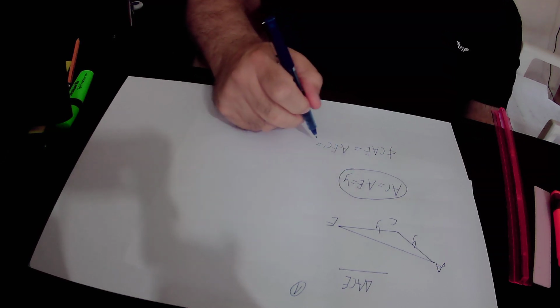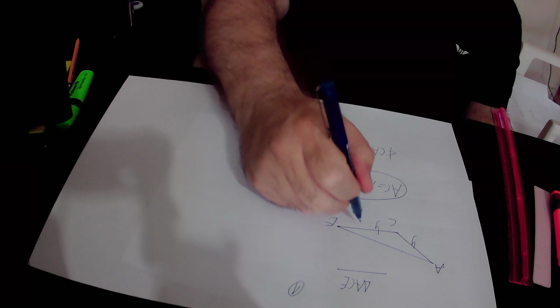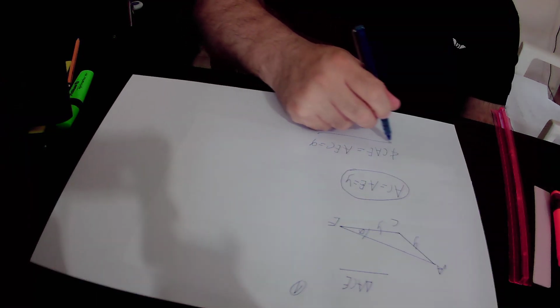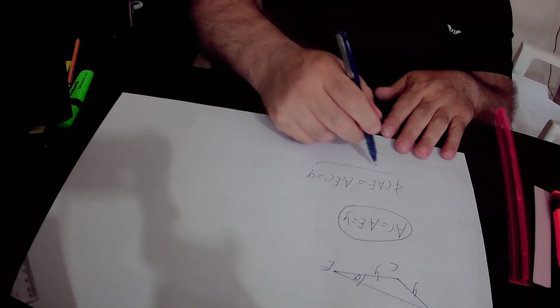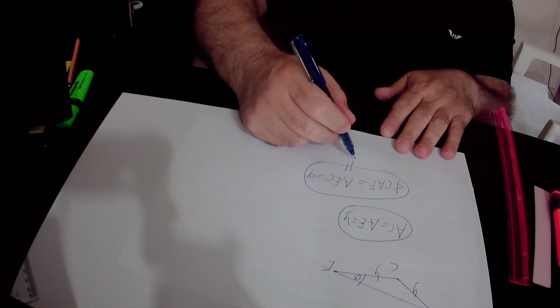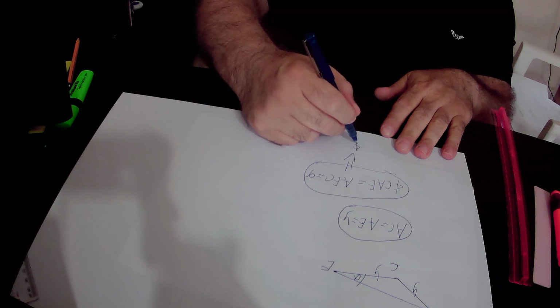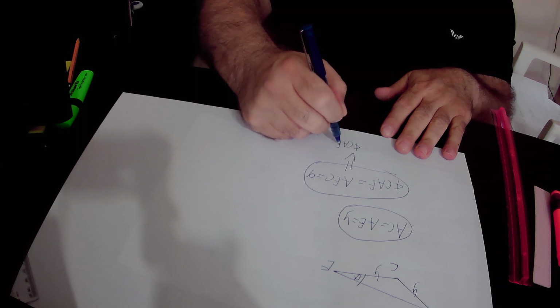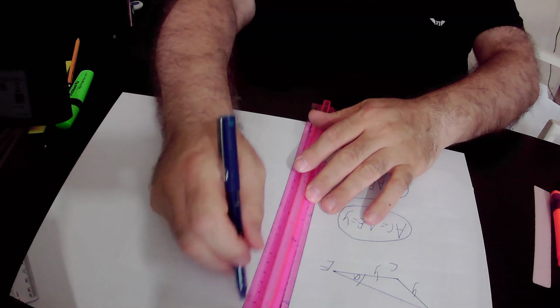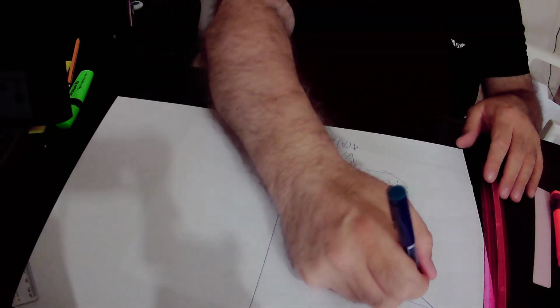So if we define angle AEC as alpha, then we will derive that angle CAE also equals alpha. Okay, so actually we found out that this angle is also equals to alpha.